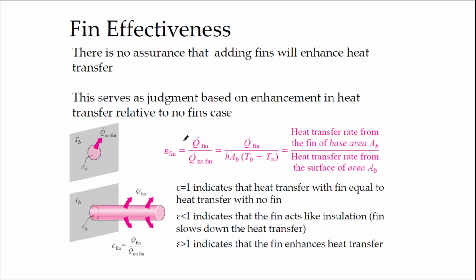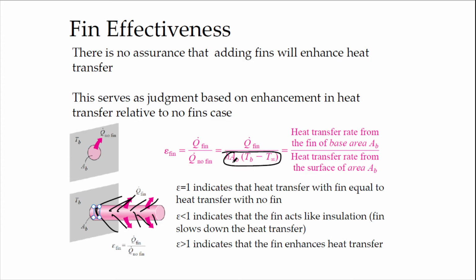So this equation for fin effectiveness is: Q_fin is the heat transfer rate from the fin base area, divided by the heat transfer rate from the surface of area A_b. Q_fin is the heat transfer focused solely on the surface area of the fin, divided by the heat transfer if you don't have a fin at all.